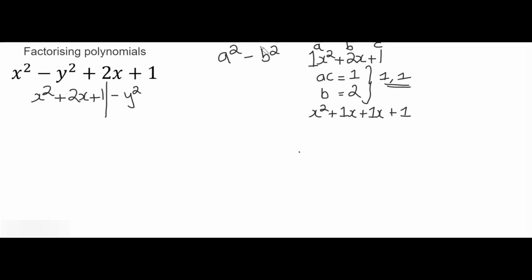Now we'll be factorizing this whole polynomial by dividing it into two parts. First, we'll factorize these two parts. The common factor of both of these is x. x squared divided by x gives us x, and 1x divided by x gives us 1.